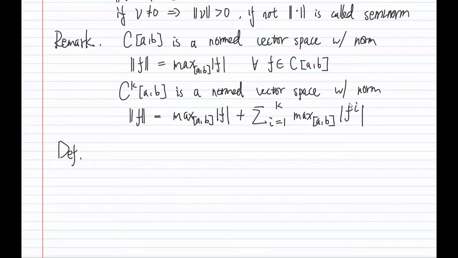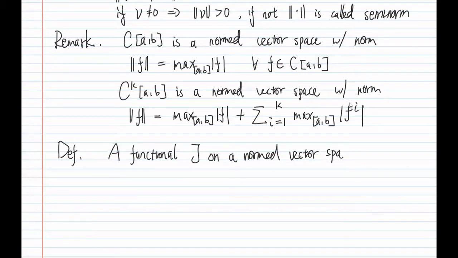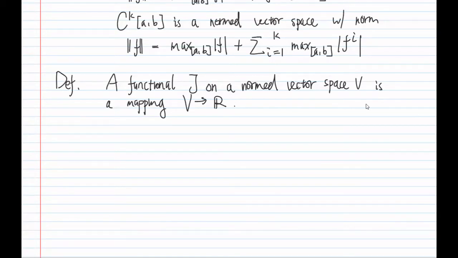Definition: a functional J on a normed vector space V is a mapping from V to R. Of course, we can also define functionals on the space of mappings from V to the complex numbers, right? So now let's talk about continuity of a functional.